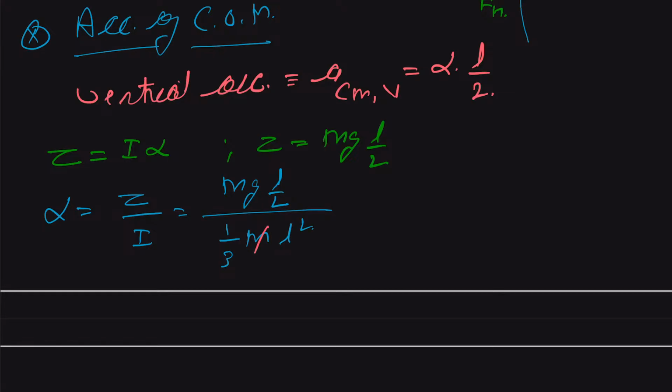So here the mass cancels and one power of length cancels, and this gives us that our alpha will be equal to 3g divided by 2L. Okay.